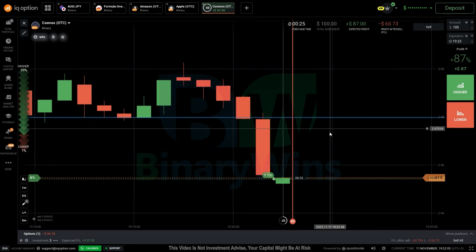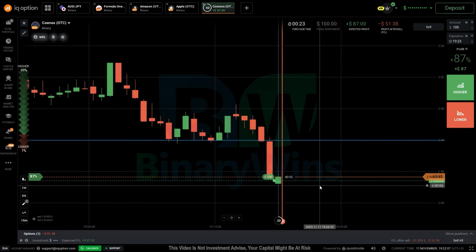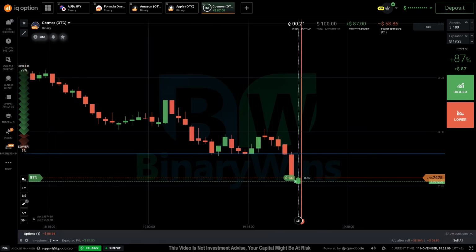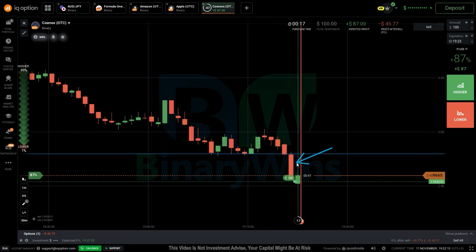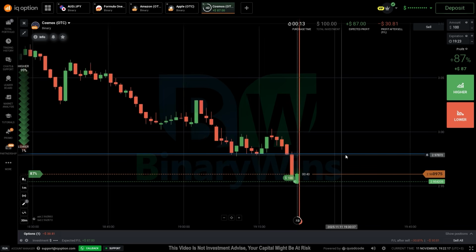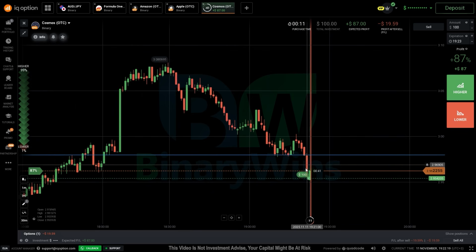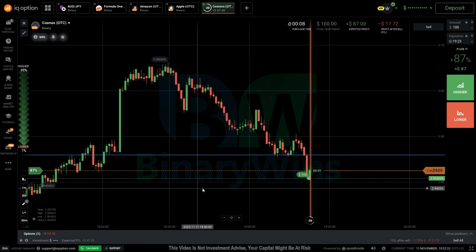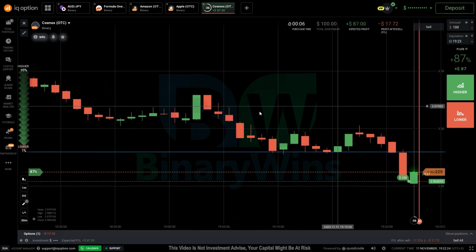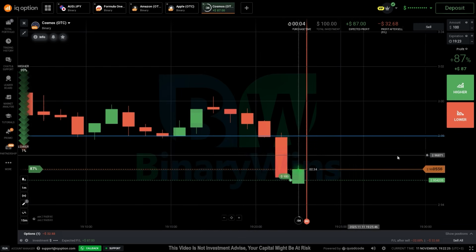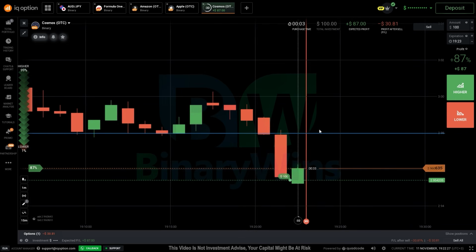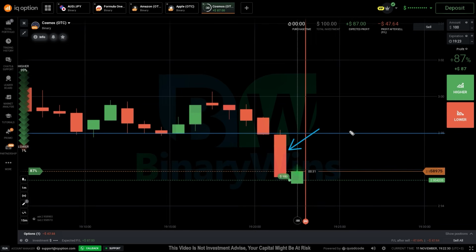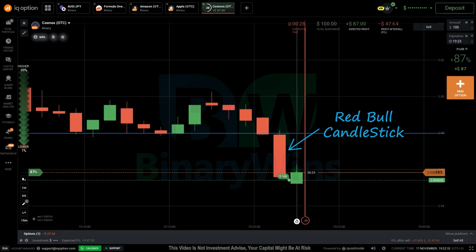I entered the higher trade. Look. A big candle formed for me. The level on the left. You can see this is a Red Bull candle.